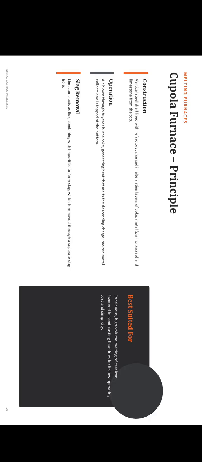Slag removal: limestone acts as a flux, combining with impurities to form slag, which is removed through a separate slag hole. Best suited for continuous high volume melting of cast iron for sand casting foundries, for its low operating cost and simplicity.